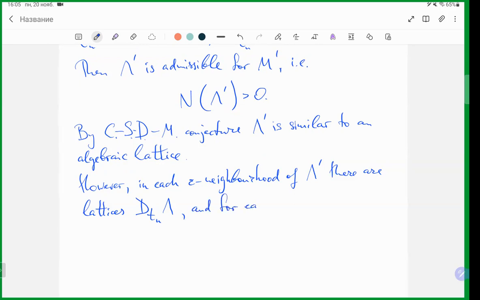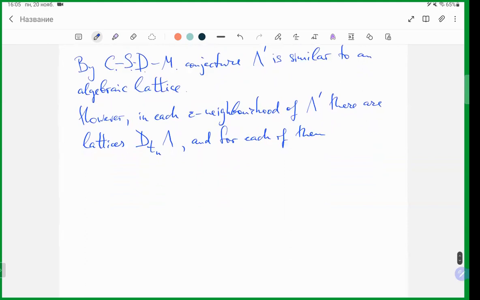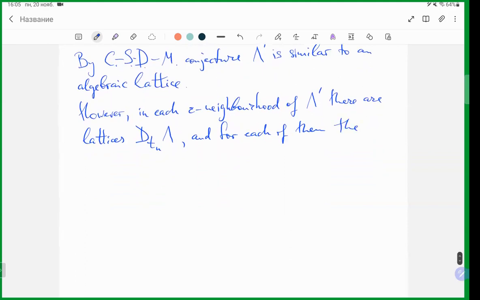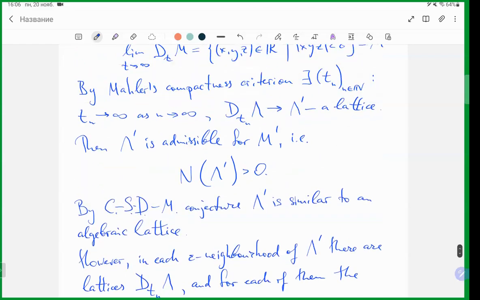And for each of them, the interval 0 delta. Now, what is delta?